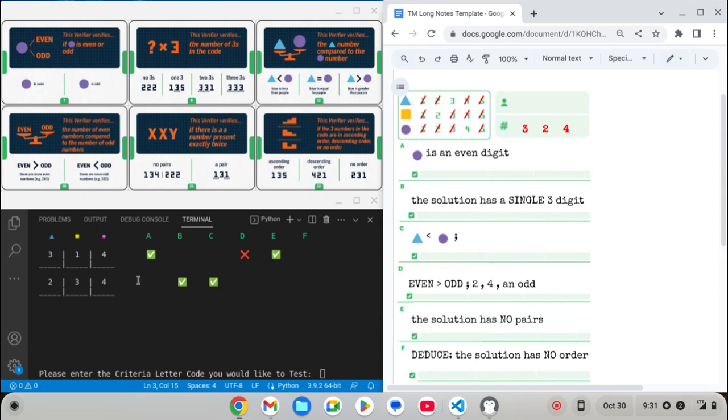Now, what about how we did versus the Turing Machine? We did have 6 criteria cards in our puzzle, and we did only 5 tests. So that's always promising, that we did beat the Turing Machine. Now notice that in the first round we did ADE, with D being the only incorrect answer. And in the second round, all we needed to test was BC, since we did deduce F. So let's go ahead and type that up.